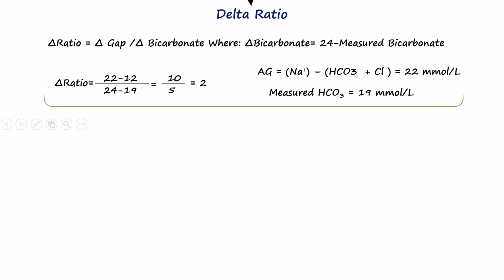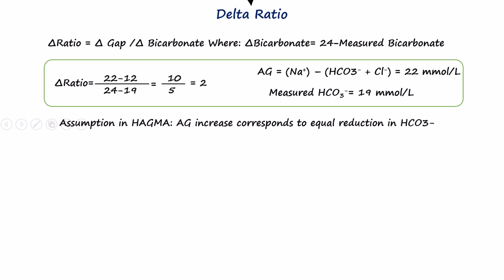Normally, in high anion gap metabolic acidosis, the increase in anion gap is typically assumed to be matched by a corresponding decrease in bicarbonate, resulting in a ratio close to 1. So the delta ratio basically assesses whether the change in bicarbonate is proportional to the change in anion gap.